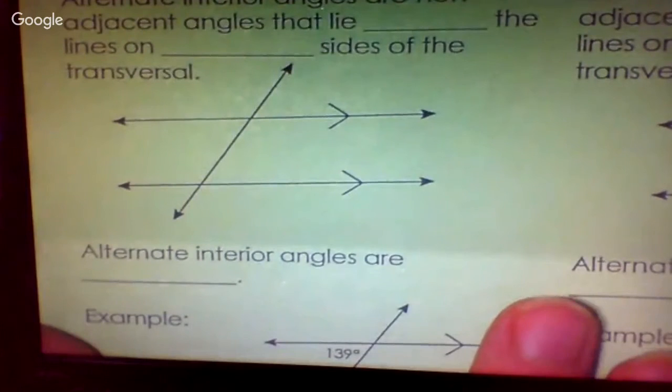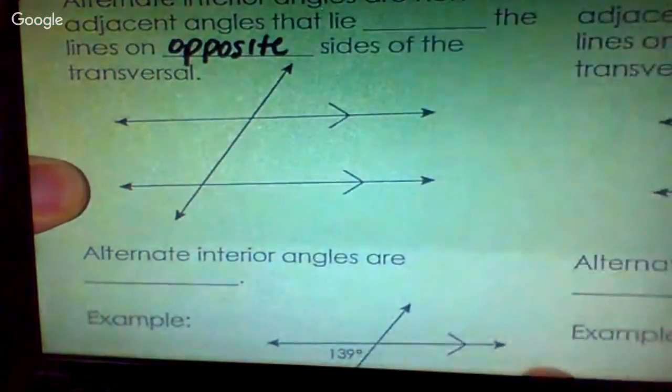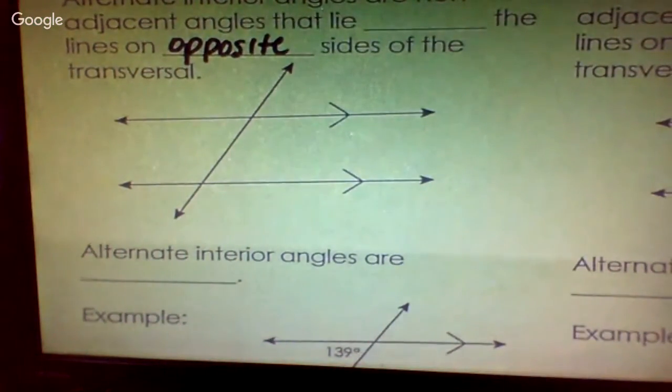Okay, down here, alternate interior angles. What do we know about alternate interior? They're on opposite sides. Okay, so this blank here is opposite sides of the transversal. What does it mean to be interior?